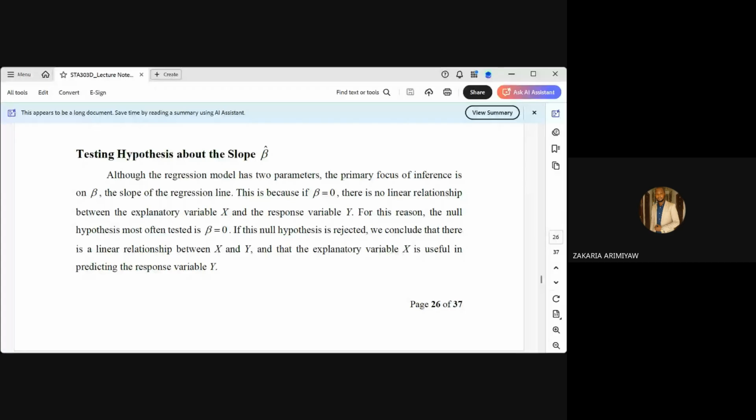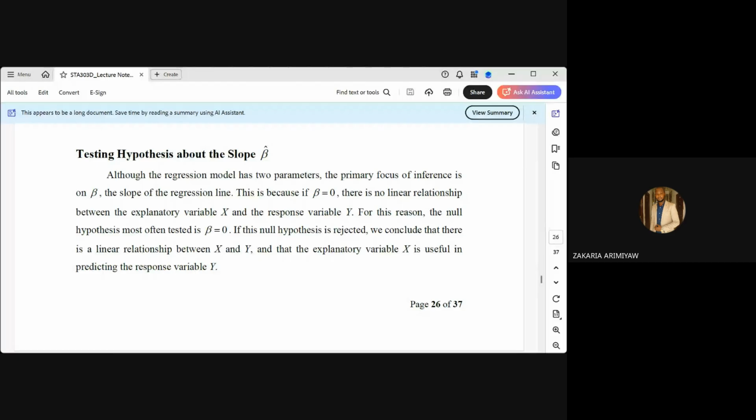But if you look at it, in the regression model there are two parameters, alpha and beta. We often conduct tests of significance about the beta parameter because that is what is keeping the relationship between x and y. If beta is 0, x cannot stay in the equation.